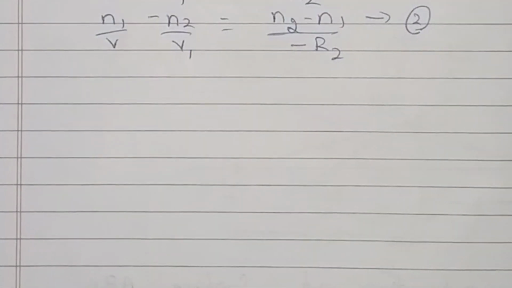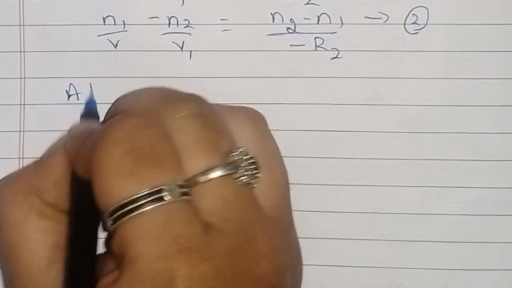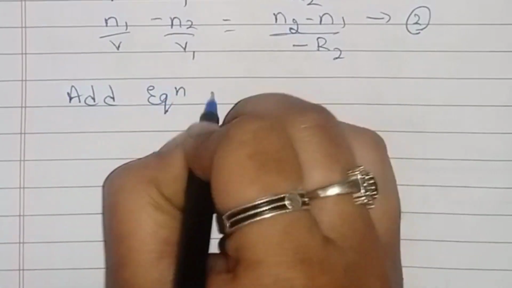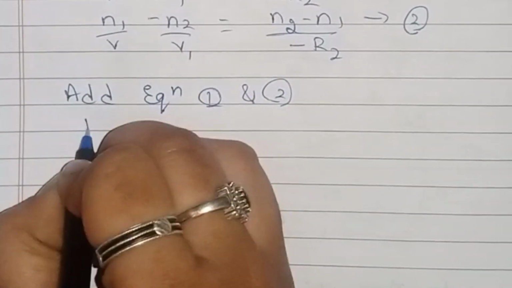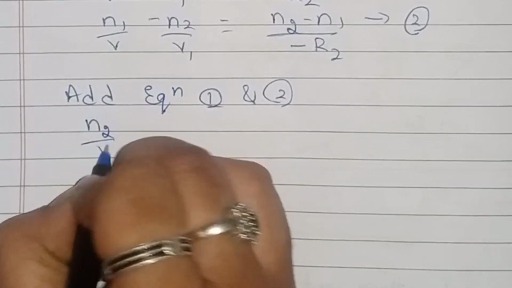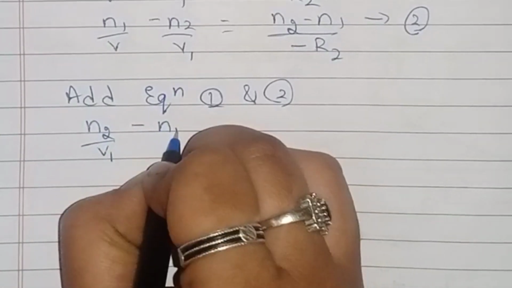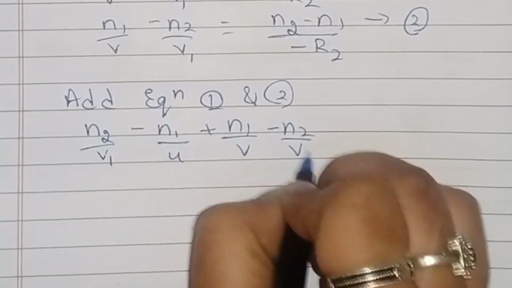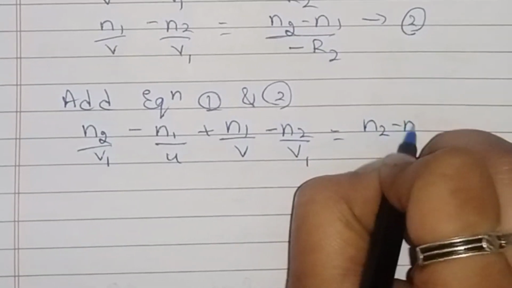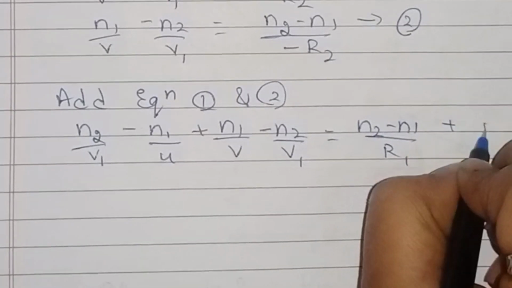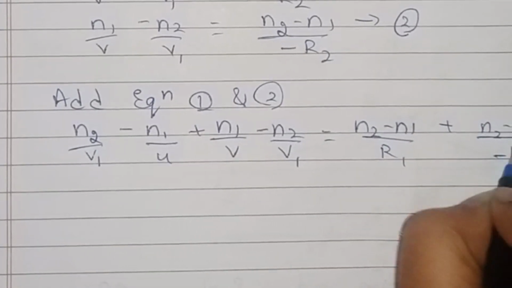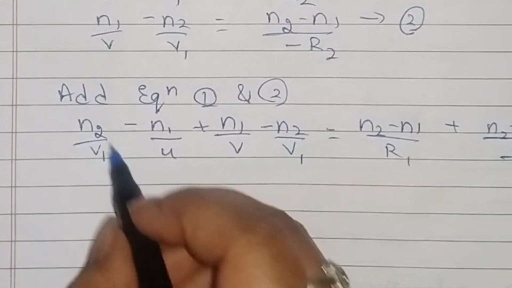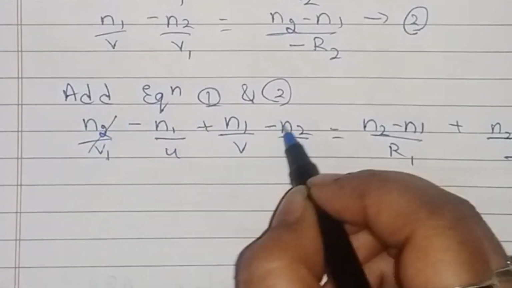Now we have to add both the equations, equation 1 and 2. Equation 1 is n2 by v1 minus n1 by u, plus n1 by v minus n2 by v1, which is equal to n2 minus n1 by r1 plus n2 minus n1 by minus r2. Now n2 by v1 and n2 by v1 both get cancelled.